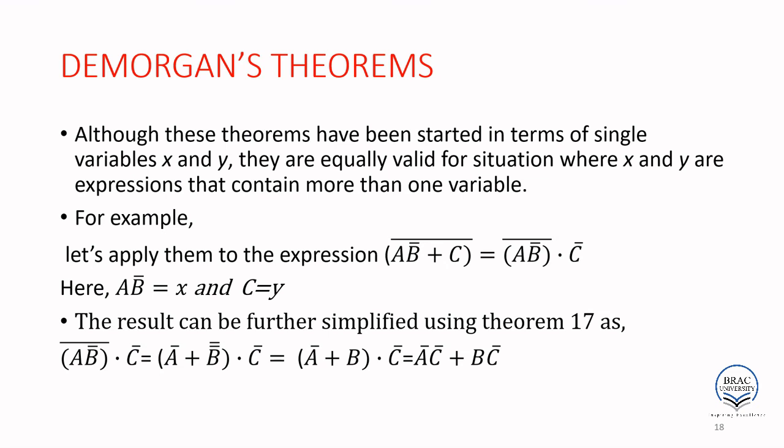So (a b prime) whole prime into c prime becomes (a prime plus b double prime) into c prime, or the simplified version (a prime plus b) into c prime, which can be simplified as a prime c prime plus b c prime.